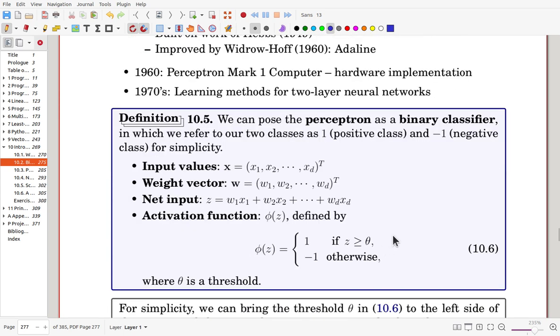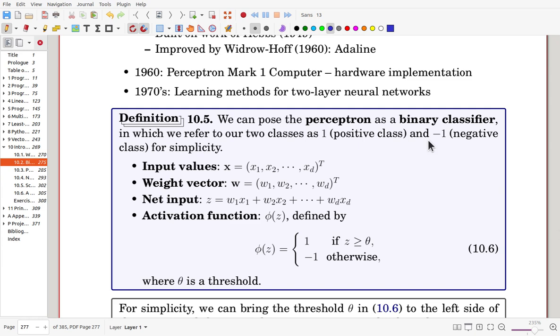This is the definition of the perceptron as a binary classifier. X is the input values, the input vector, and W is the weight vector that must be trained during training. Here we choose two class labels, 1 and -1.